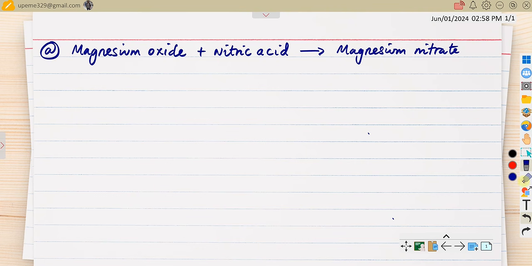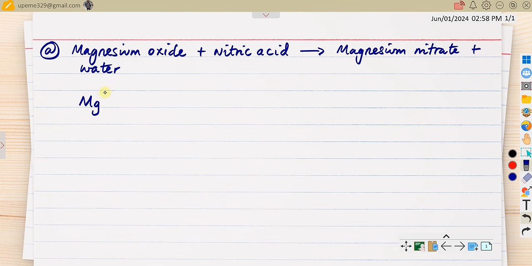Now whenever a base and an acid react, they form a salt and water, so it will be plus water. Now this is a word equation, so we need to use this to write a balanced chemical equation. So magnesium in form of equation is written as capital M small g, which is magnesium.